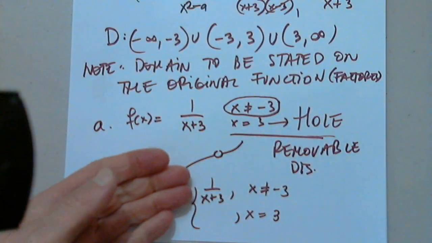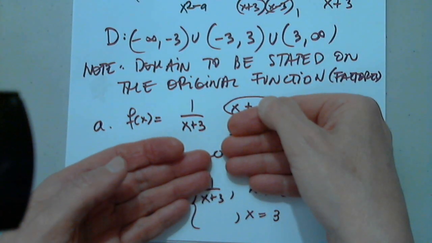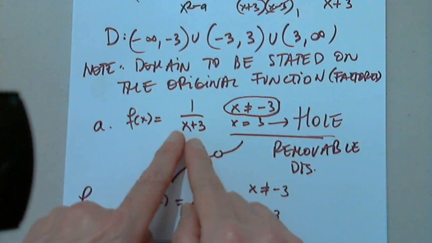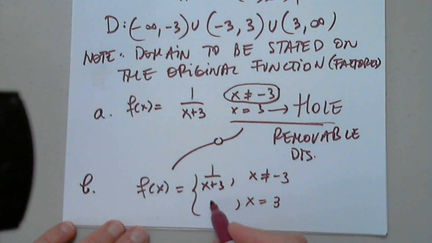Why? Because the limit from the left and the limit from the right at 3 have to be the same. So simply plug it in. What do you get? 1/6.